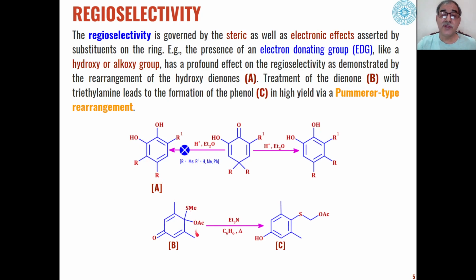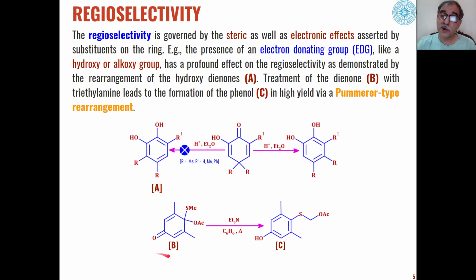Similarly, if we are having such types of dienones and the reaction is taking place under basic conditions, in case of these types of sulfides, then Pummerer type of rearrangement takes place in place of dienone phenol rearrangement.